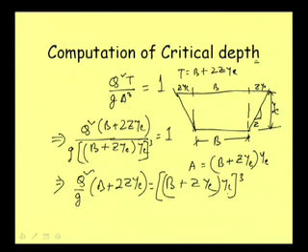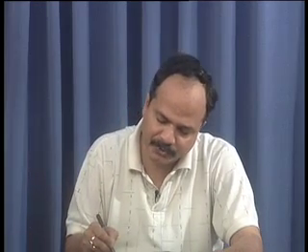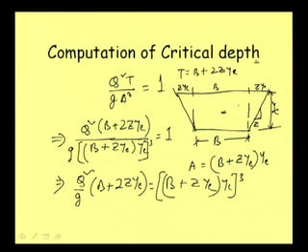Now from here we can see that we cannot separate out y c if it is a trapezoidal channel. Like our computation of uniform flow, for computation of critical flow also we cannot separate out y c for this sort of trapezoidal channel, and we need to go for a trial and error procedure for computing critical depth.